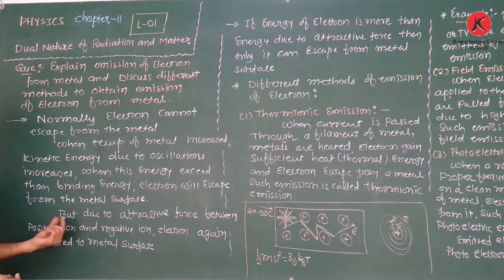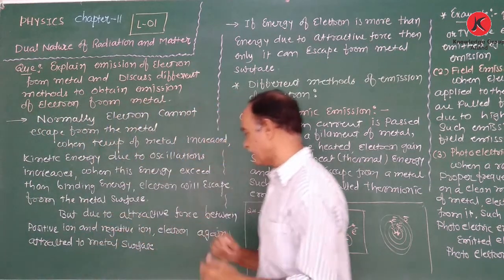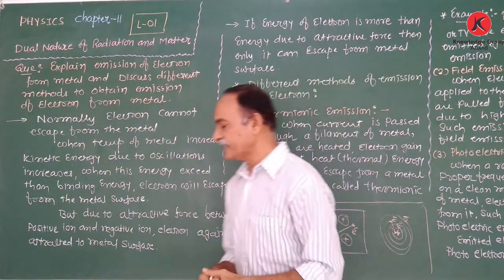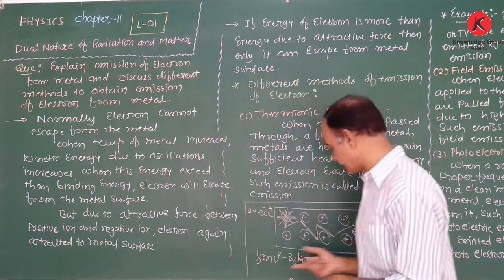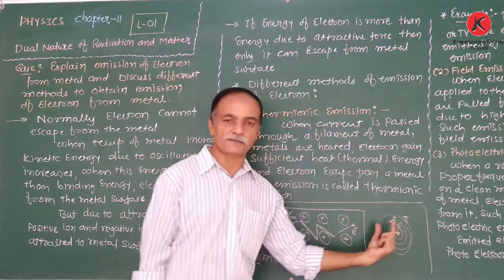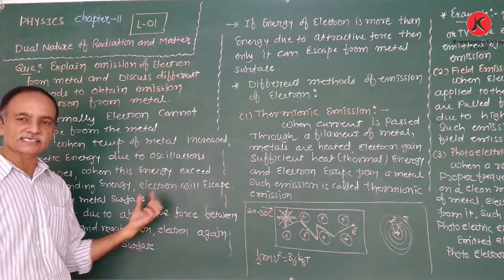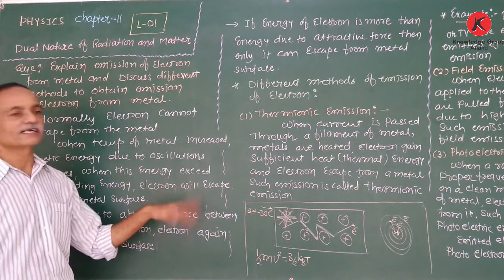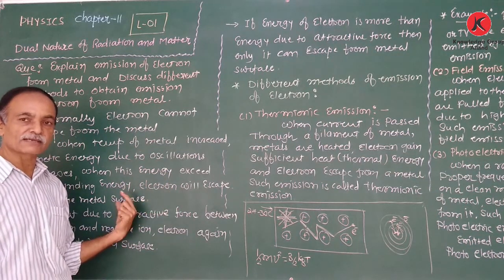Okay. But due to the attractive force between the positive ions and the electrons, the electron is attracted again to the metal surface. Here we just discussed that between the positive ions and the electron there is a force of attraction. So as the temperature increases, oscillation increases, kinetic energy increases. Now the kinetic energy of the electron is much more than the binding energy.